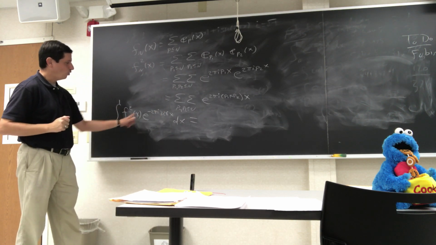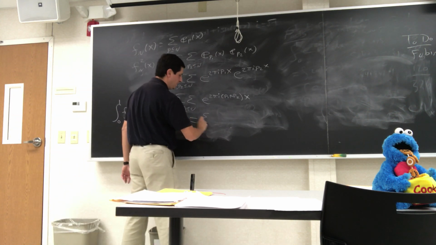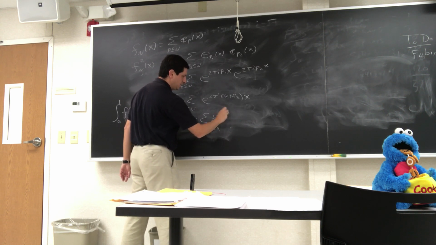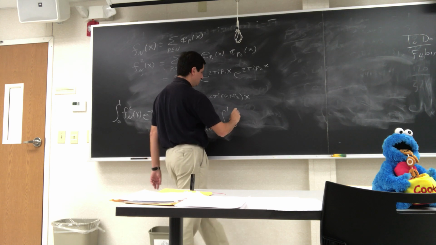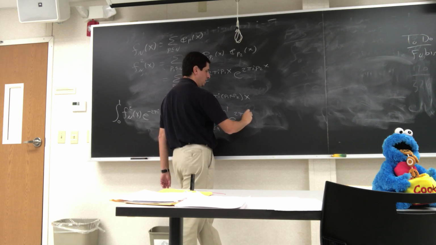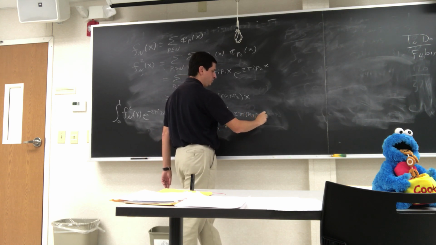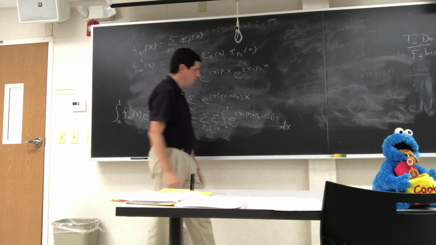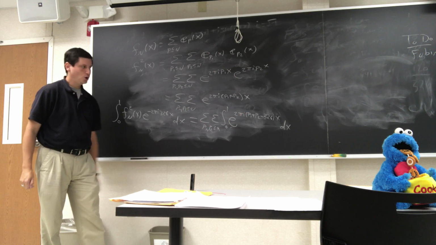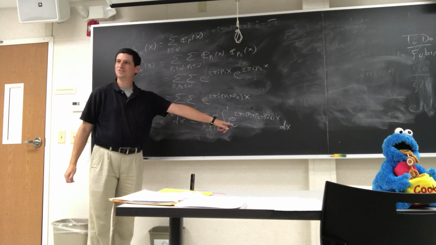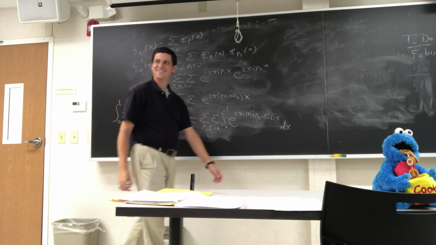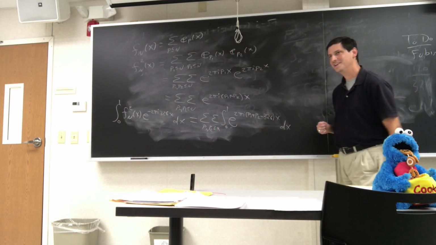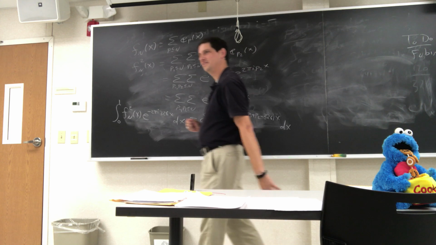All right. So over here, I'm going to just switch everything. We have my double sum outside, p1, p2 less than or equal to n, integral from 0 to 1 of e^(2πi(p1+p2−326)x) dx. Let's look at this integral. What can you tell me about this integral? Yes? It is 0 if p1 plus p2 is not equal to 326.